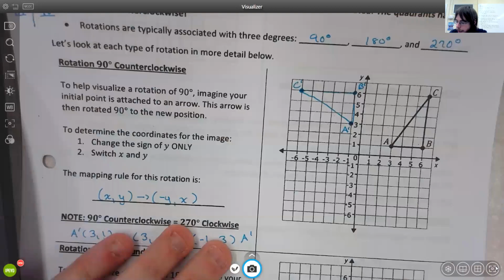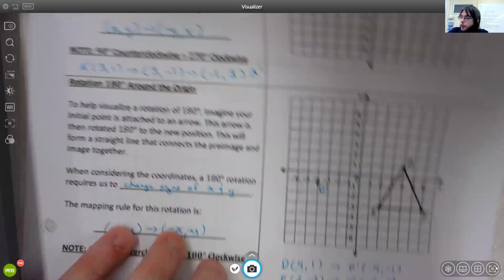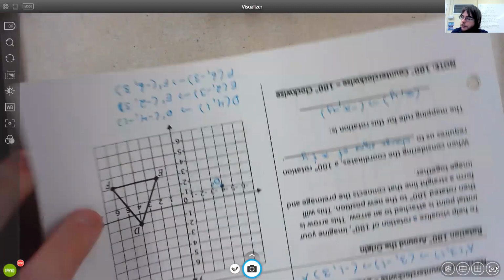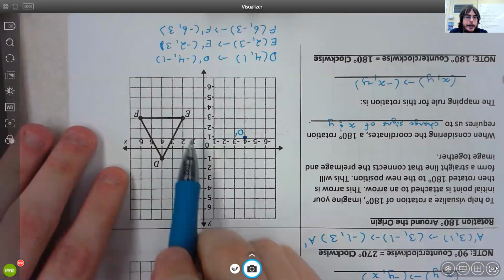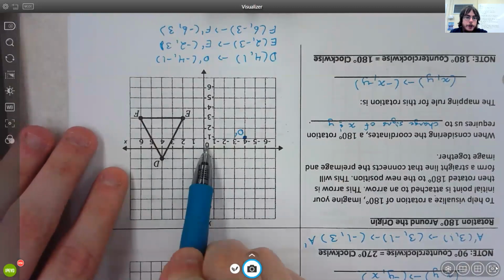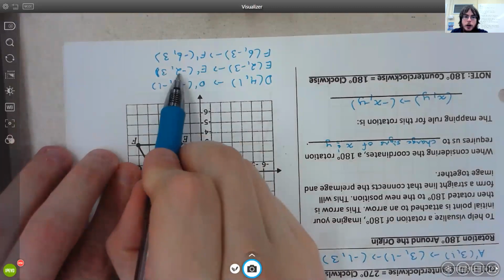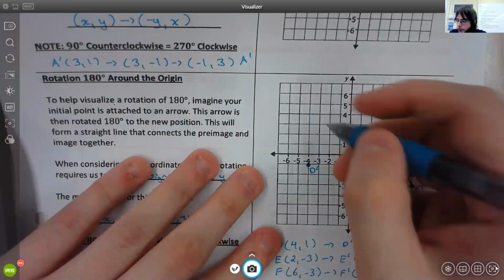So we're going to plot -4, -1, D prime. Then we rotate again. E would be at -2, +3, because we have to go left 2, up 3. And that matches up with our coordinates for E prime. So -2, +3.